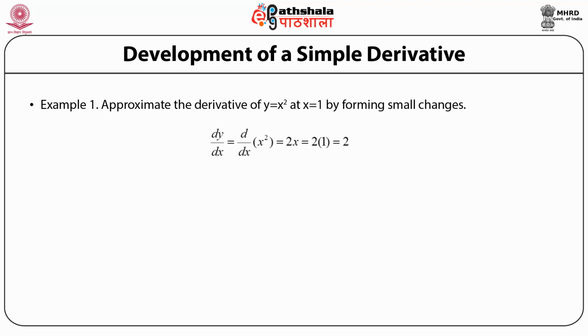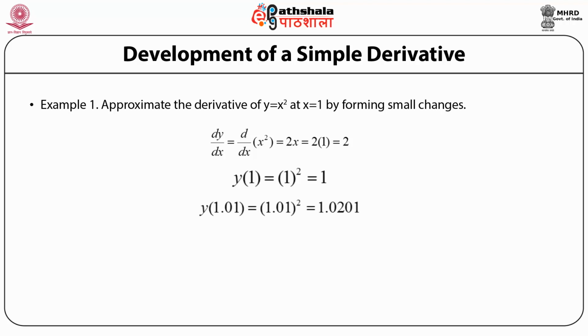So dy by dx is equal to d by dx of x squared. Then by the differentiation rule, it is equal to 2x. Then at x is equal to 1, you substitute x is equal to 1, which gives you 2. Now y of 1 is equal to 1 squared is equal to 1, right? y of 1.01 is equal to 1.01 squared, which is 1.0201.